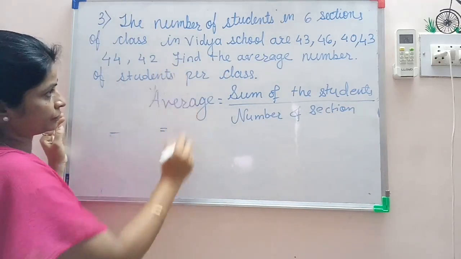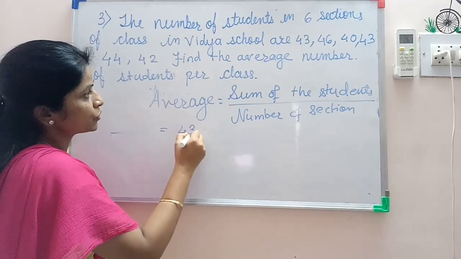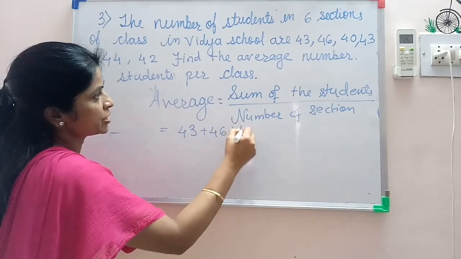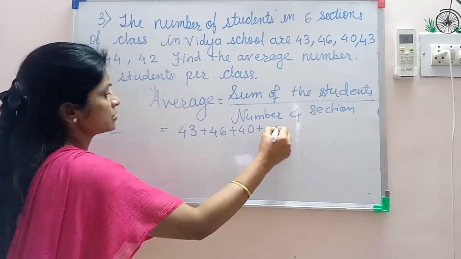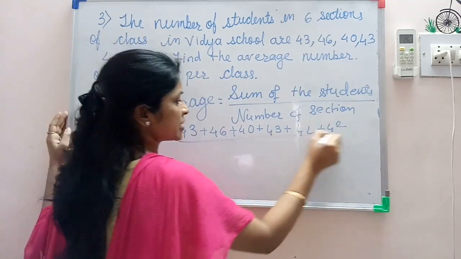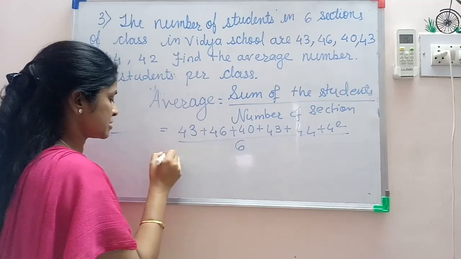Now 43 plus 46 plus 40 plus 43, 44 plus 42. Now there are 6 sections, so divided by 6.